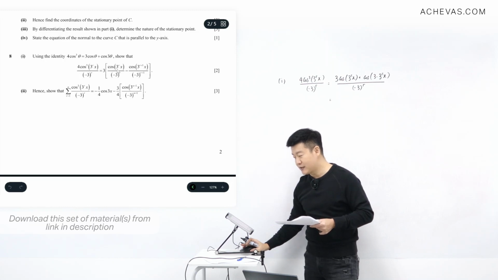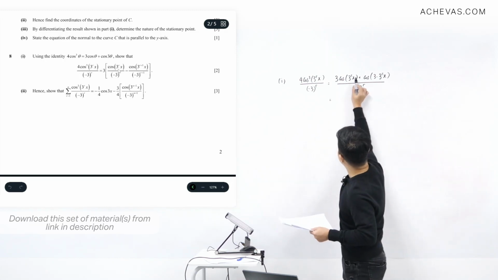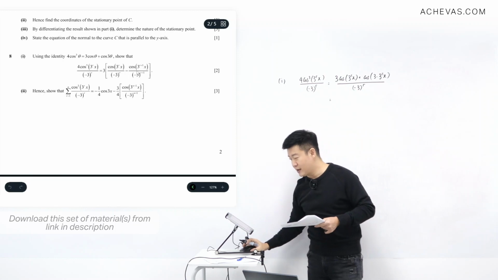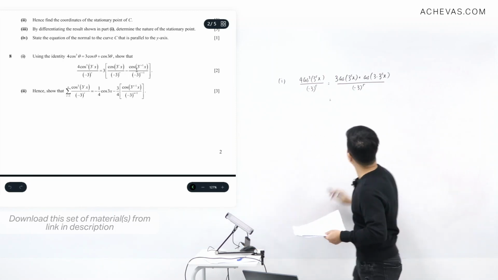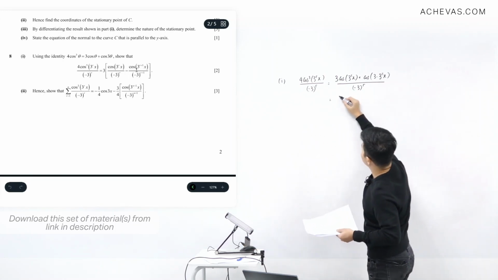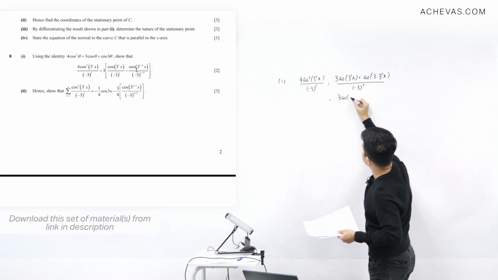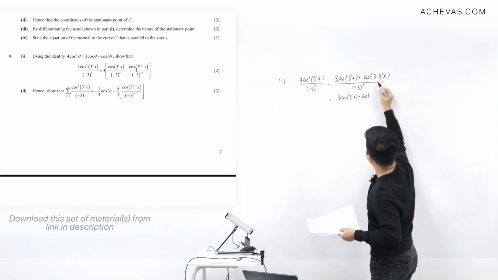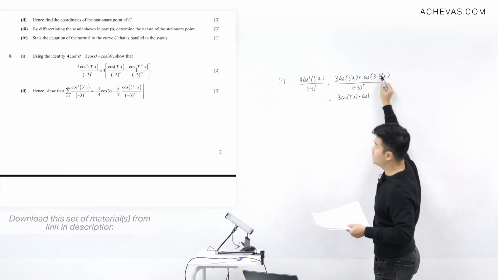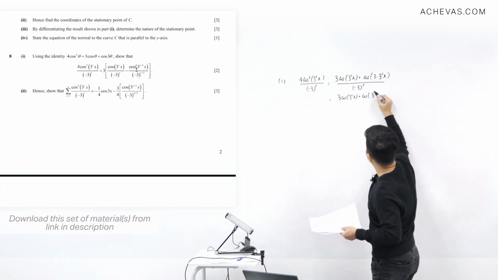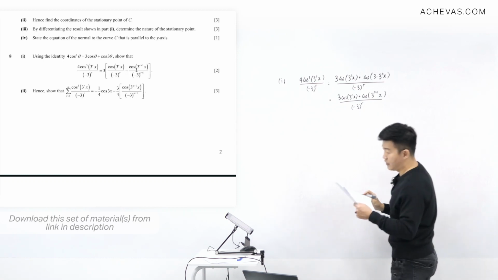We already have a cosine 3 to the power of rx, which is here, and we need a cosine 3 to the power of r plus 1x. So I'm going to re-express this as cosine 3 to the power of rx plus cosine this. If I combine 3 to the power of 1 and 3 to the power of r, we'll get 3 to the power of r plus 1 x, divided by negative 3 to the power of r.